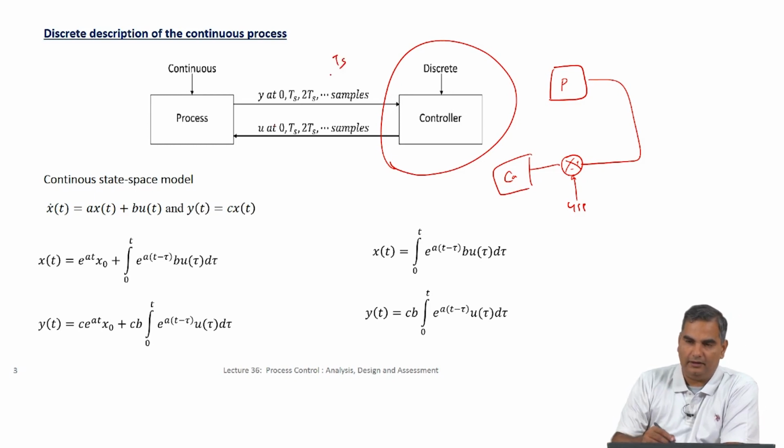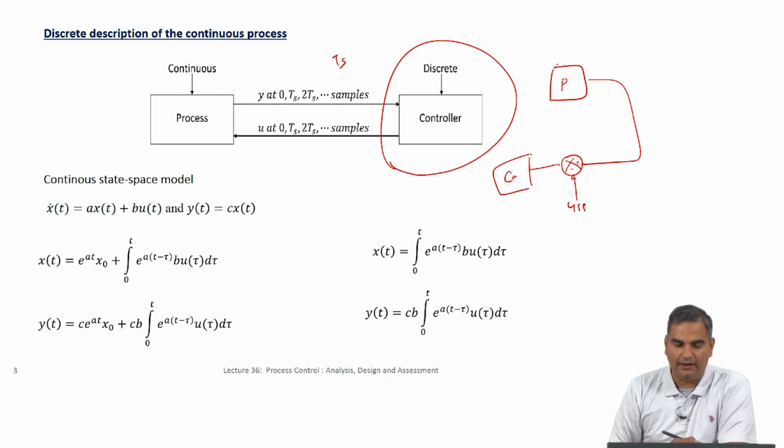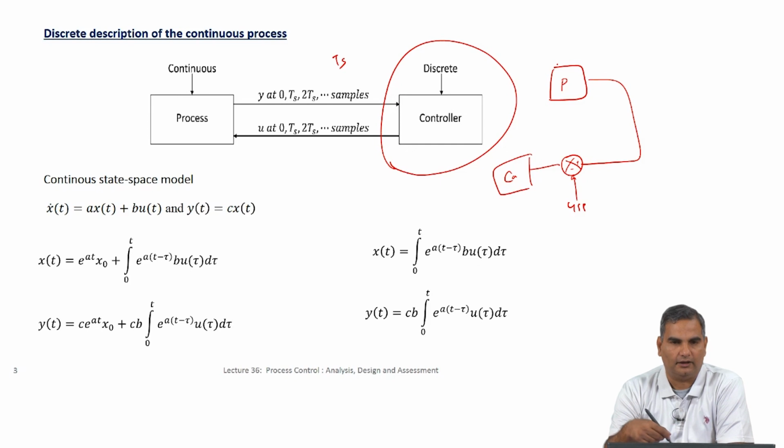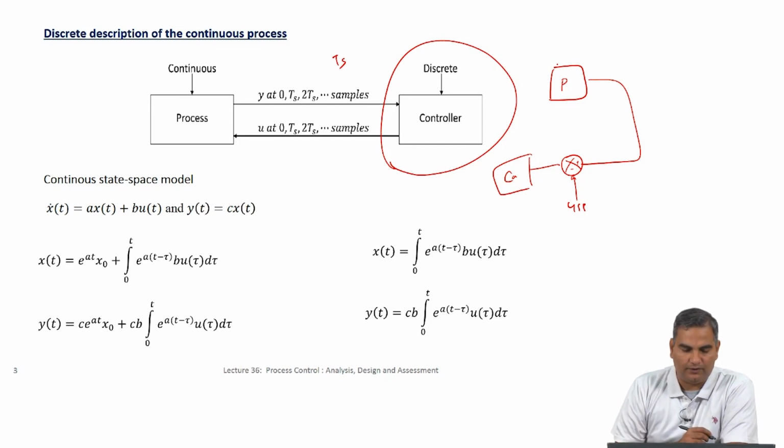In the continuous case, the controller went back and manipulated some u, and that acts on the process. That basically said the u is acting at all times, so I keep changing u continuously. Whereas in this case, the way we formulated the model predictive control problem, if you had seen in the last lecture, we looked at making the control moves only at those sampling times.